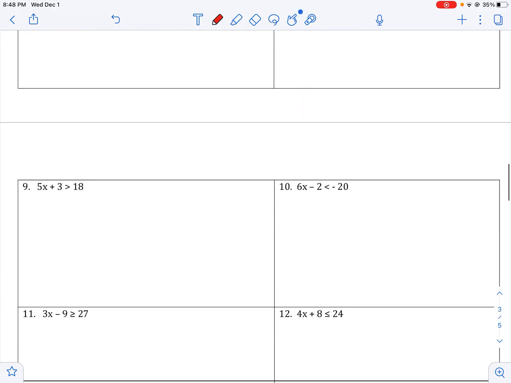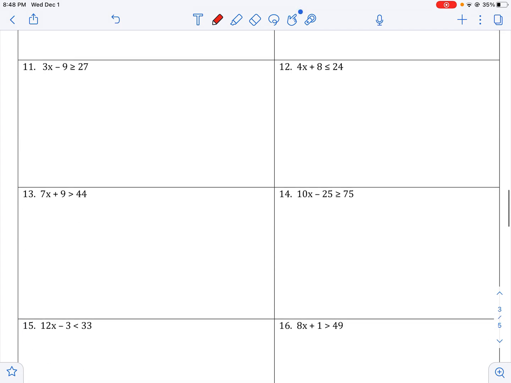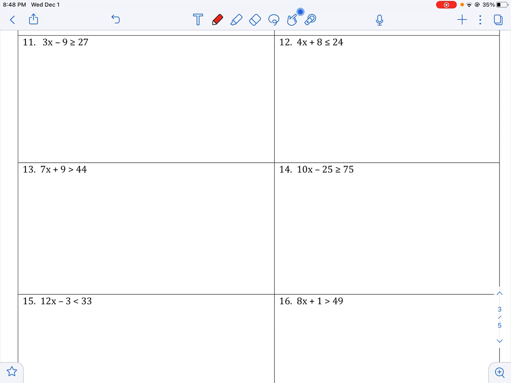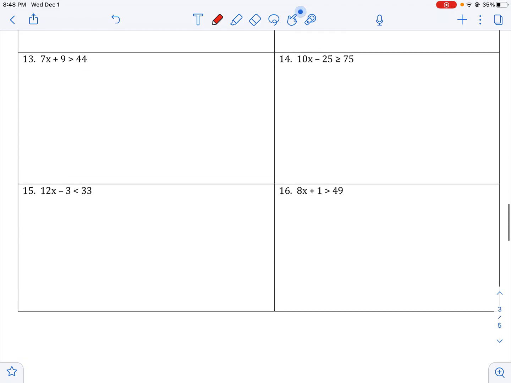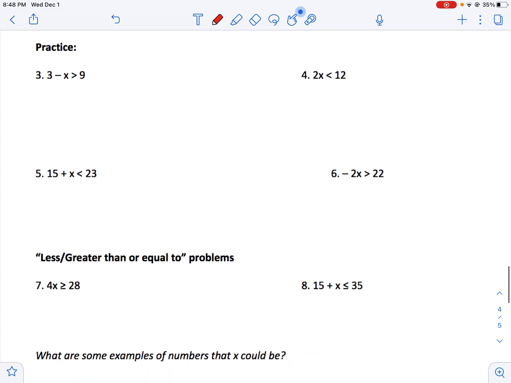So solving these problems on the second page, we can solve a couple multi-step problems, but really what's happening is you're solving it just like an equation. The only thing you need to look out for is when I have a negative that I'm dividing by. So let's take a look at some practice problems.